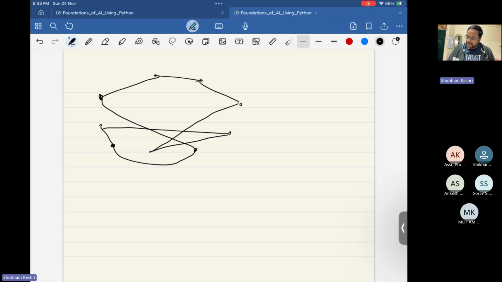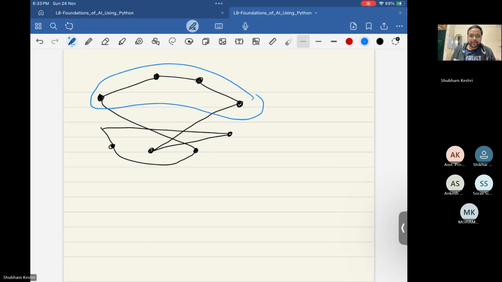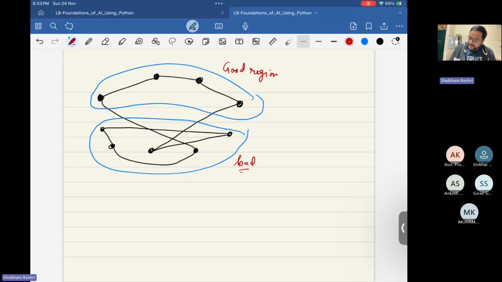Okay, so this is one node, this is another node, this is another node, this is another node. I'll show you how this crossover is preserving that region. So you see, this is a good region, this is a good region, right? And this is a bad region. Are you able to see the good region and bad region?